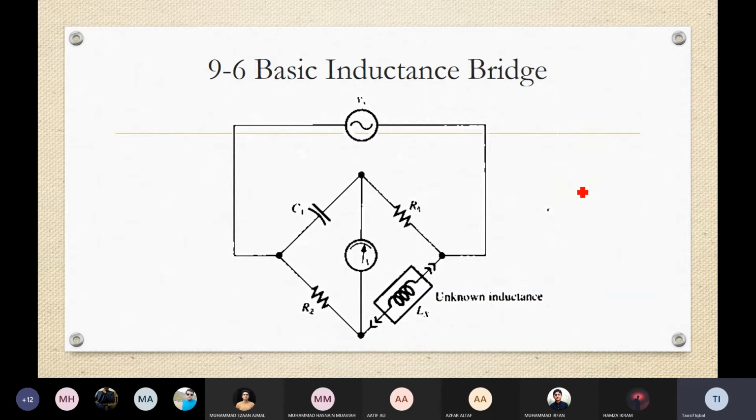Then the question comes out: how small a value is considered negligible?